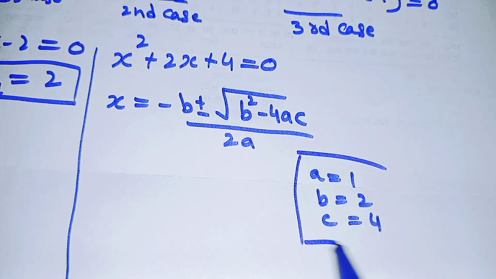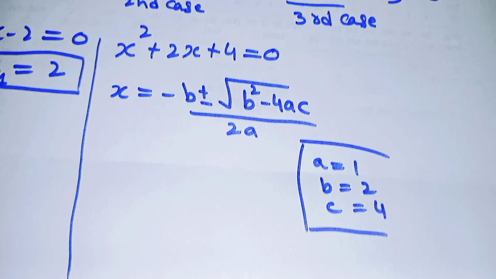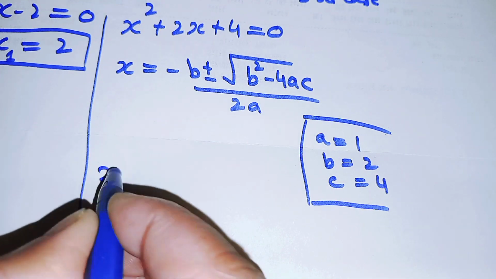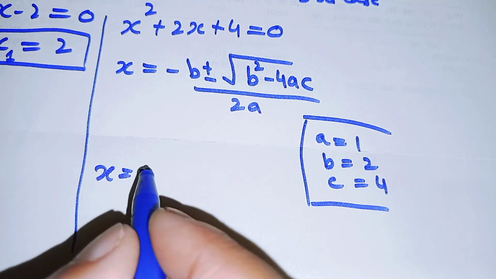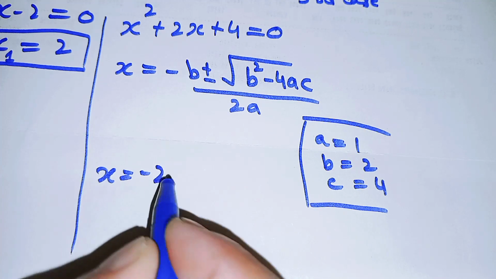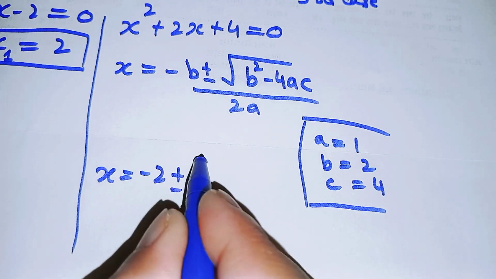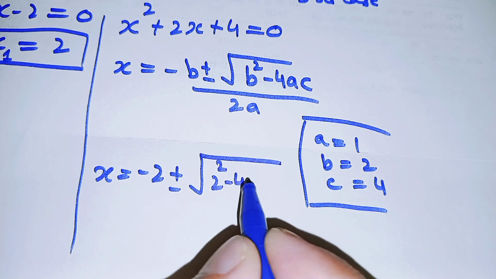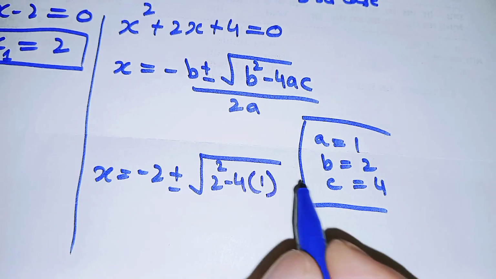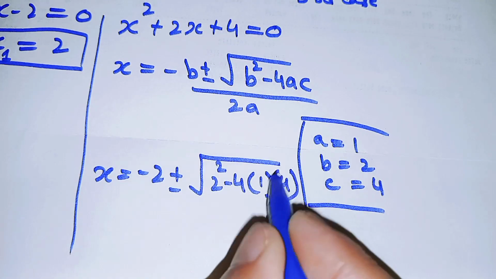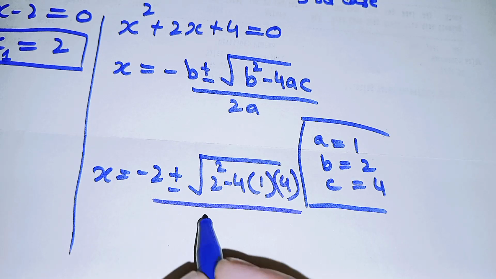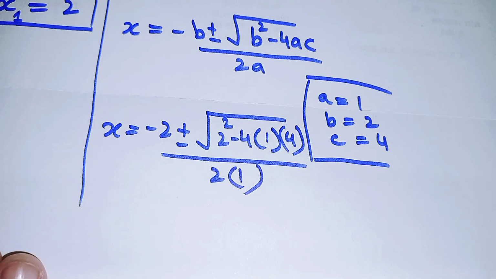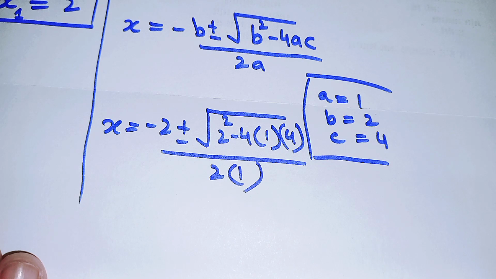So we put these values in the quadratic formula: x is equal to minus b, which is 2, plus or minus the square root of 2 square minus 4 times 1 times 4, over 2 times 1.